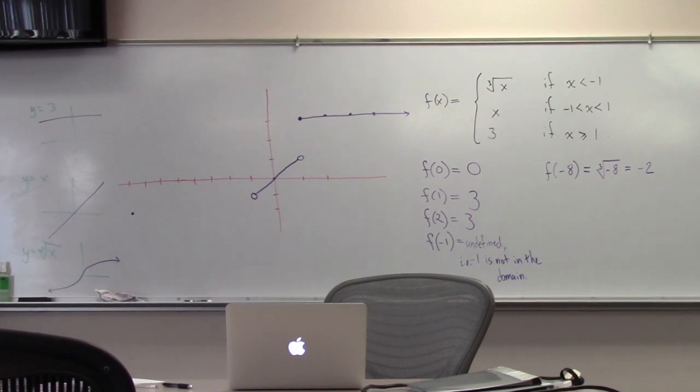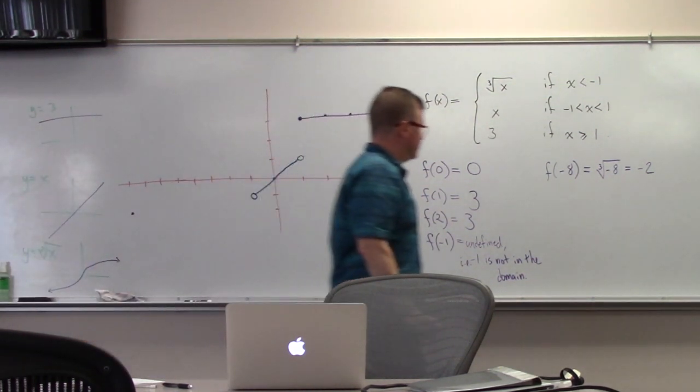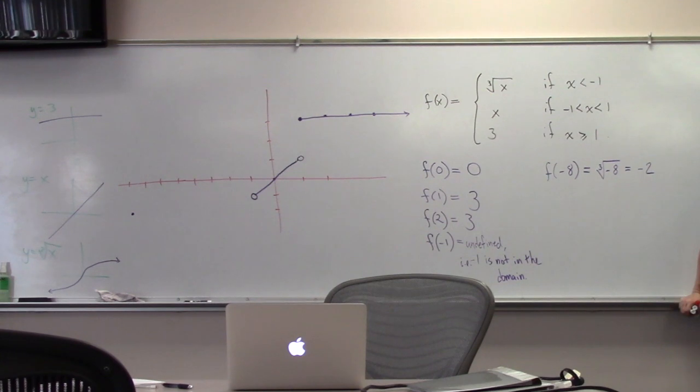I'm not done yet, though. f of -1 is technically undefined. But f of -8 is -2.